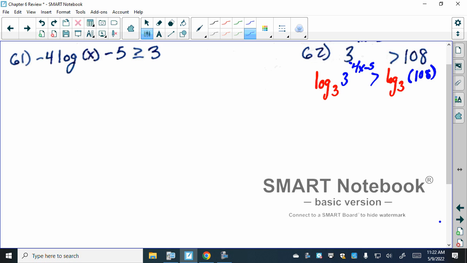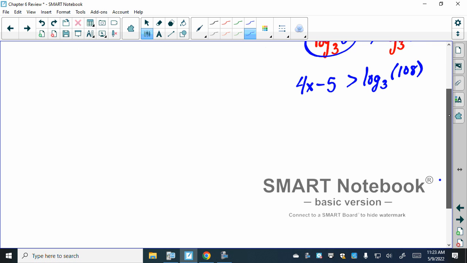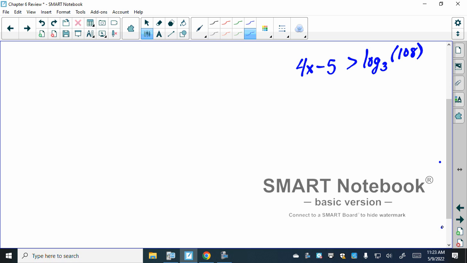Now on the left-hand side, we would move the 4x minus 5 out front, which leaves us with log base 3 of 3, and log base 3 of 3 is 1. So we're saying 4x minus 5 is greater than log base 3 of 108. I have a feeling log base 3 of 108 is not a nice number. It has a very big decimal, so we'll leave it alone.